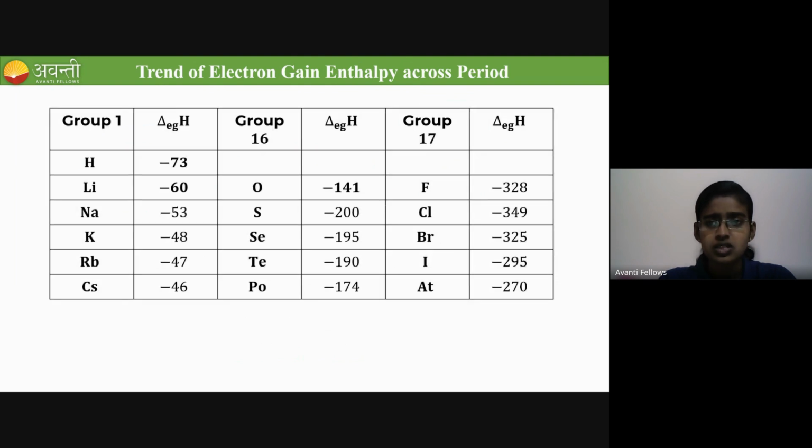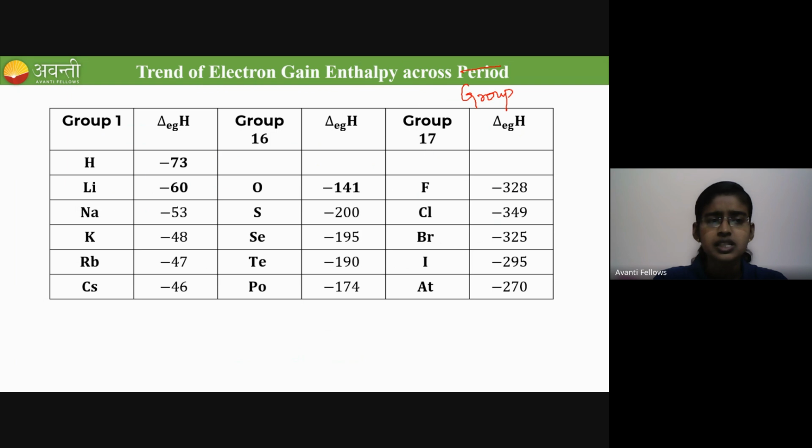this is not across the period, it is actually for the group wise. It is the trend for moving down the group. There is a mistake, sorry for that. So the electron gain enthalpy trend on moving down the group is, you can see, for across the period also you can find, but group wise also it is given.